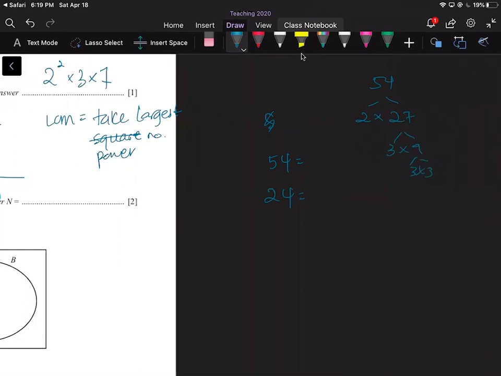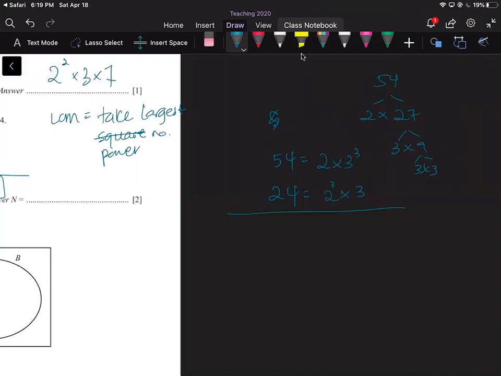So 2 times 3 cubed. For 24, I know it's 2 times 12, and 12 is another 2 times 6, and then another 2 times 3. So that's 2 cubed times 3.